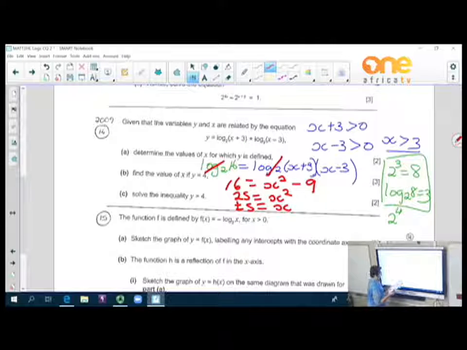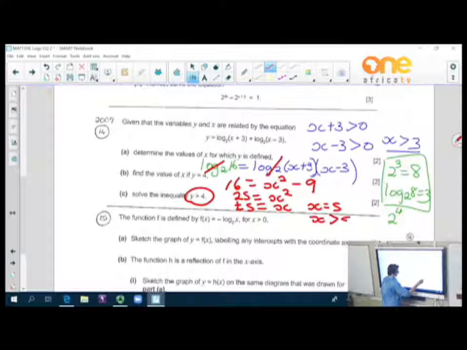Now again, in this case, because it is logs, we'll have to say x is equal to 5. And then this one will just be x is more than 5. You don't really need to work out the whole inequality again there.